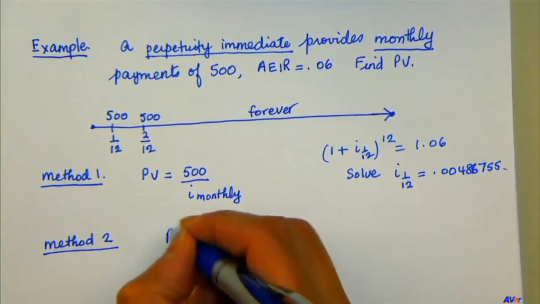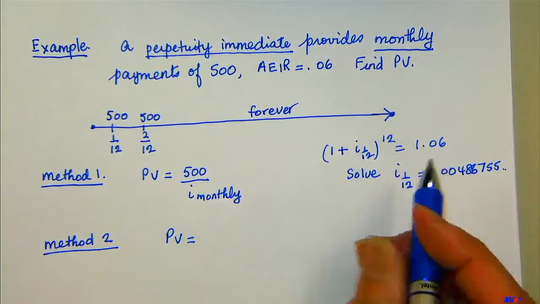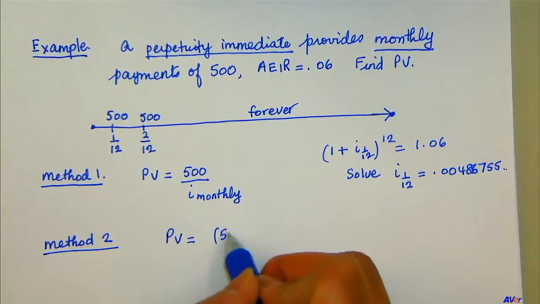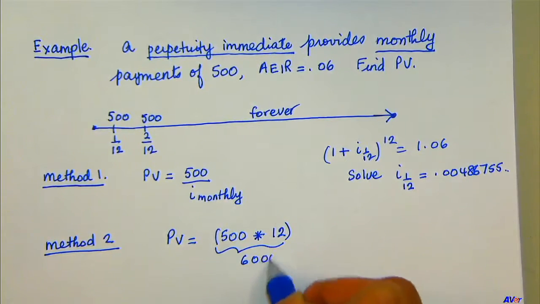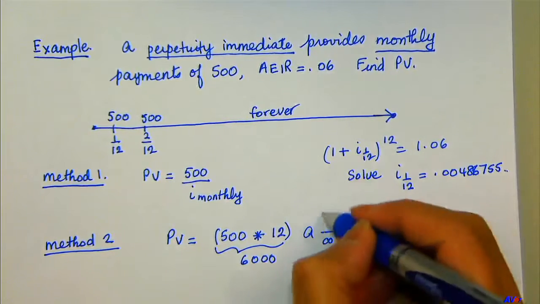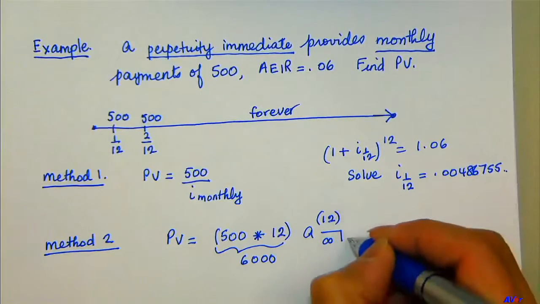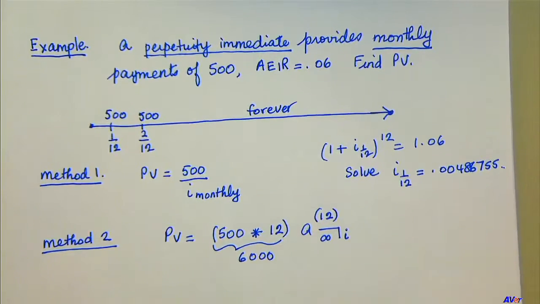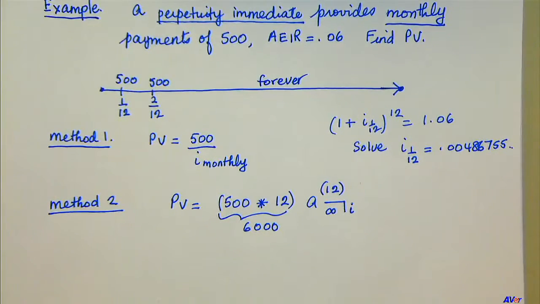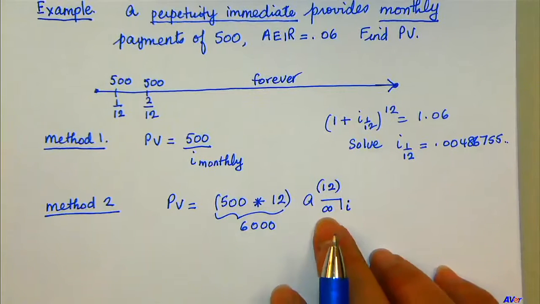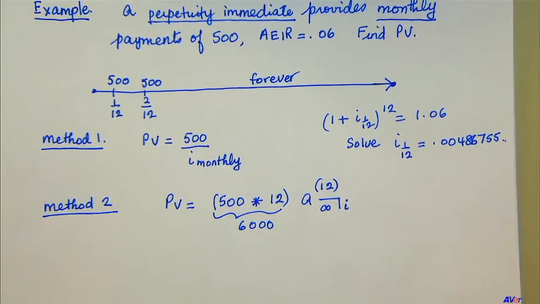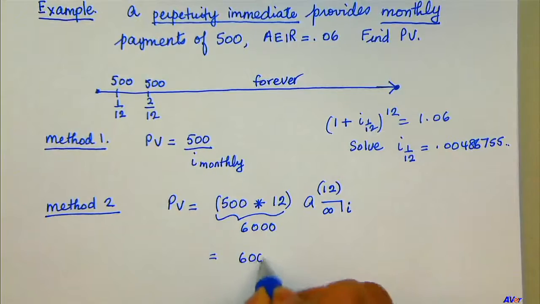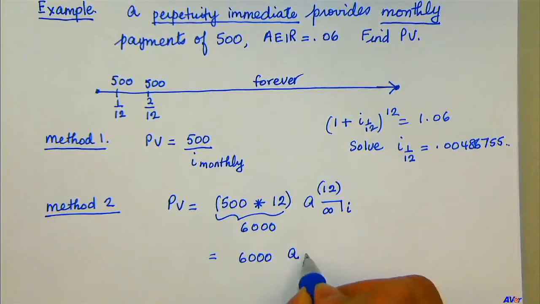So this would be present value equals the annual amount, so 500 times 12, 6,000, A angle infinity, (12), i at the annual rate. The only thing different here is that instead of writing 8 years or 10 years or 12 years, I wrote infinity, which is equal to 6,000 A angle infinity.